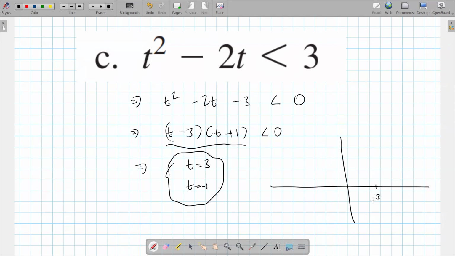There's one x-intercept here and one here. We don't care about the vertex or the y-intercept. Actually, we do know the y-intercept. It's -3, but we don't need it. This parabola is opening up. These are the two x-intercepts. So when is this function negative?